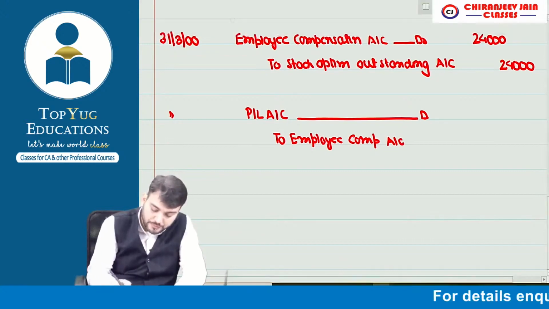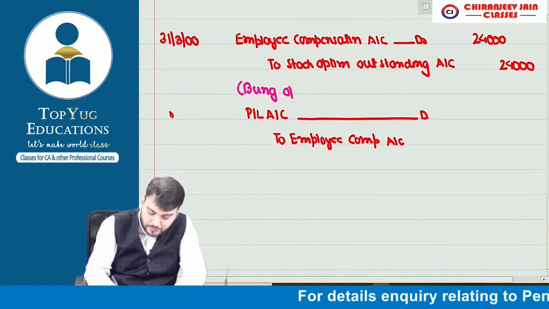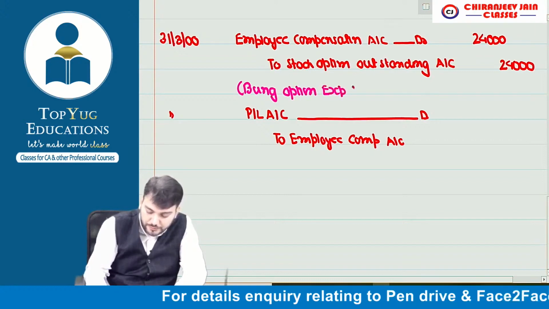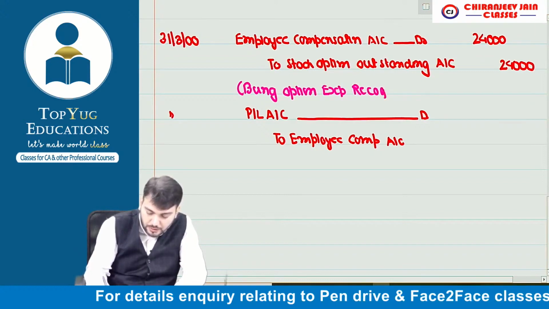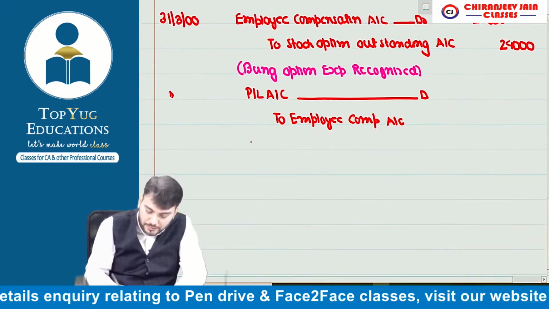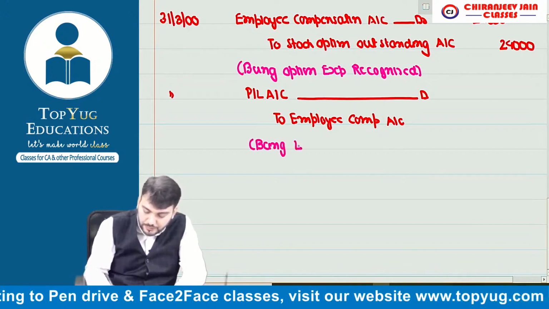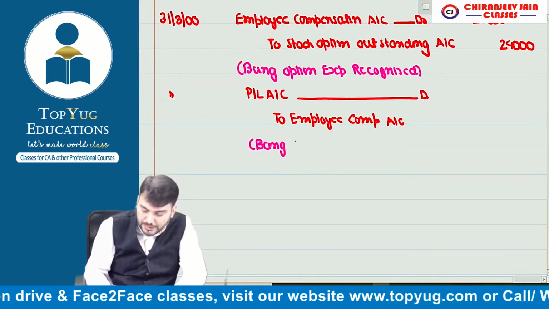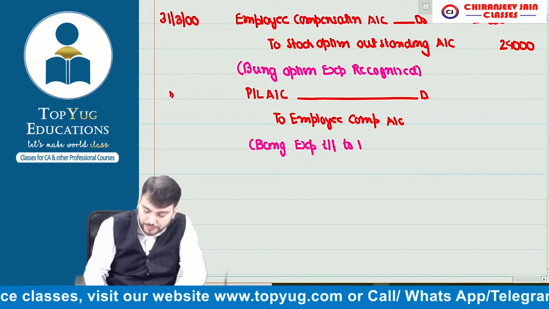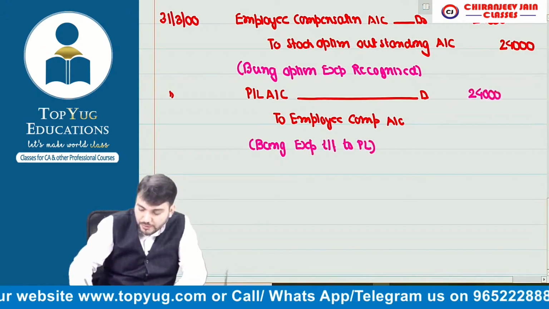That is, being option expense recognized, being expense transferred to PL. Correct?